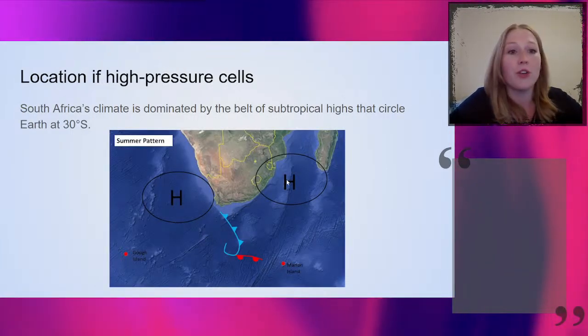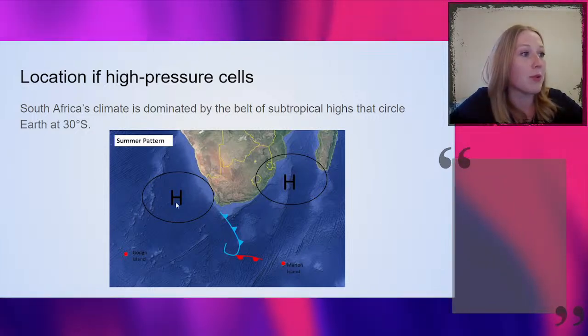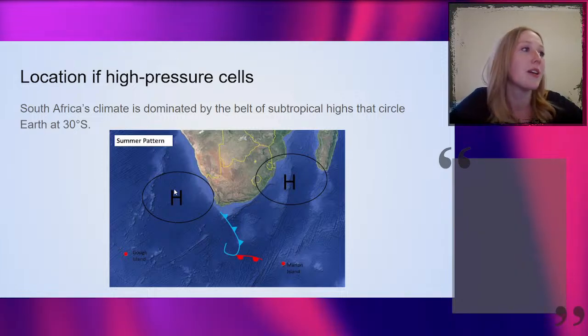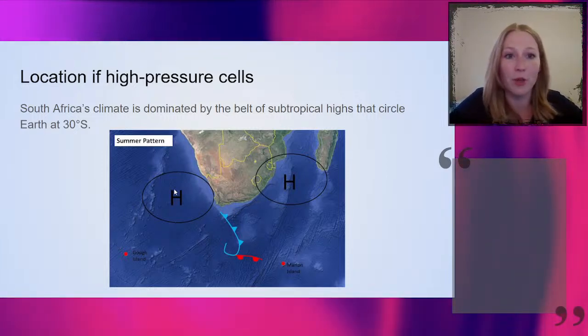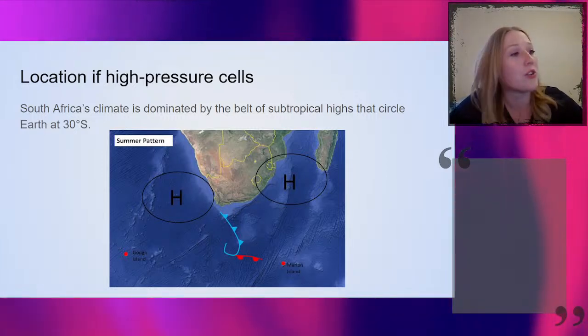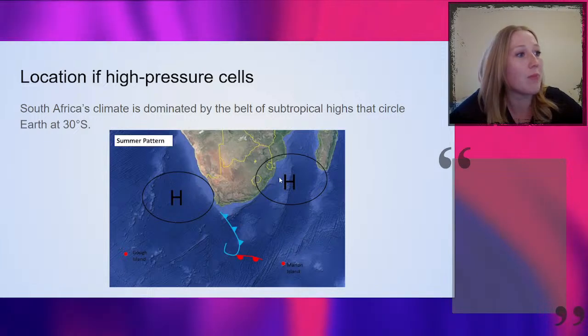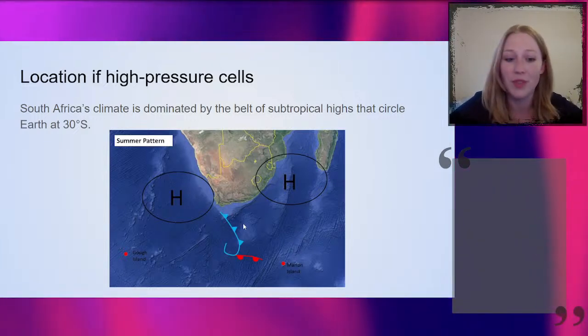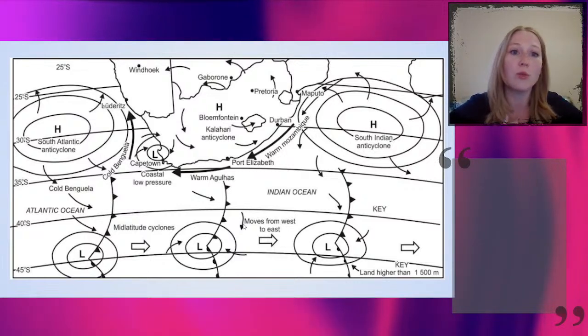In South Africa, we've got our two major high pressure cells there and there, or two anticyclones. They very much do influence our weather over here. So this can block off any rain that comes from a mid-latitude cyclone. So throughout the seasons, it will move.